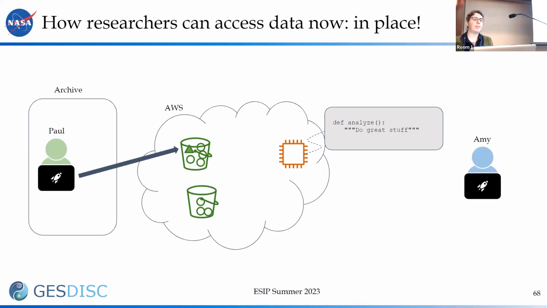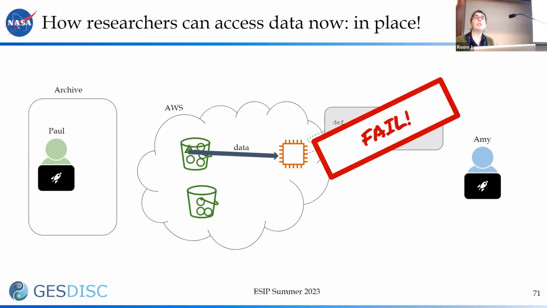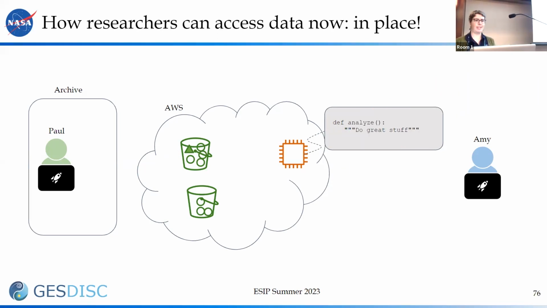So if Paul comes along and he updates that object after you've read the metadata, and then you try to access the data out of it, potentially that will cause problems. Like if the shape of the data changed, if the variables in the data set changed, something like that, you can suddenly have this failure. And then you can be like, well, that was weird. What happened there? Let's try this again, right?